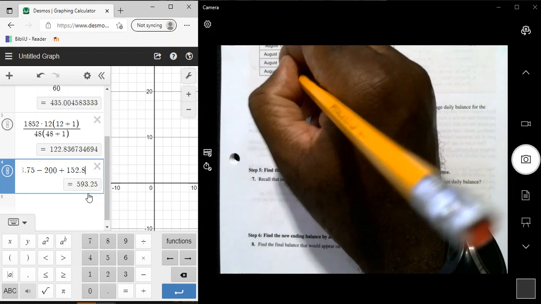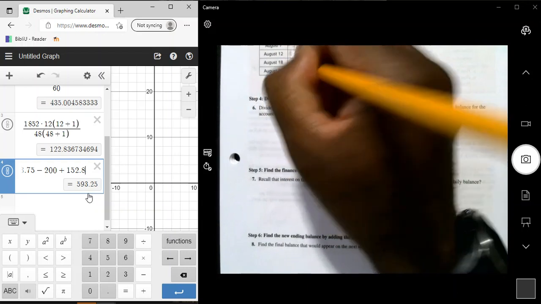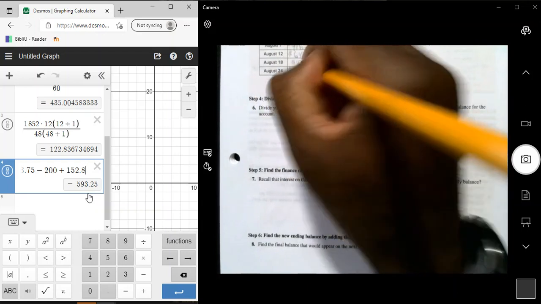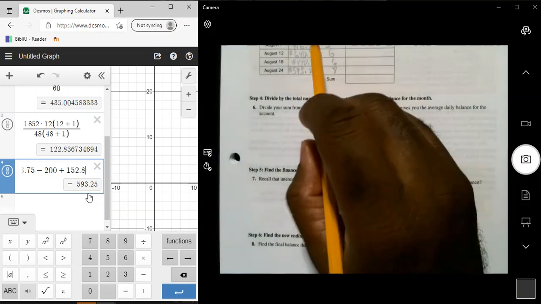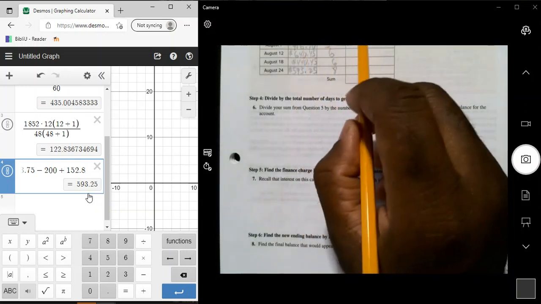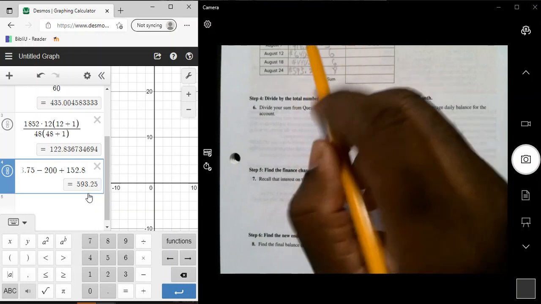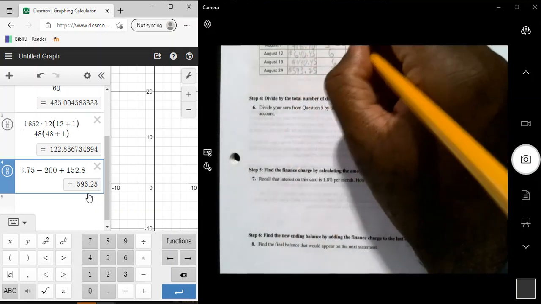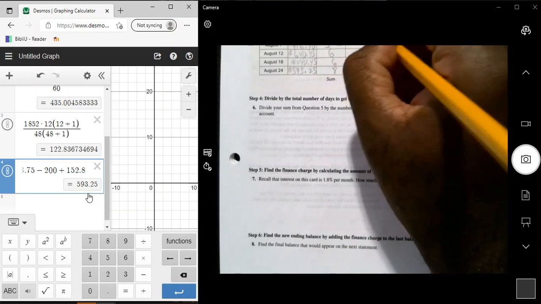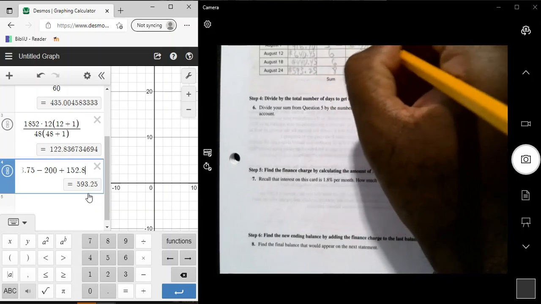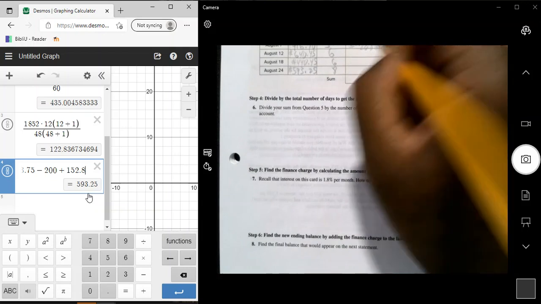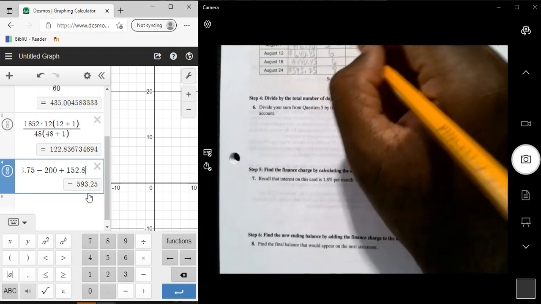And then we have $593.25 for 8 days. Now what we're supposed to do is take these values here and take the balance times the number of days. And so when we multiply these values out, we do it for each day or each set of days.